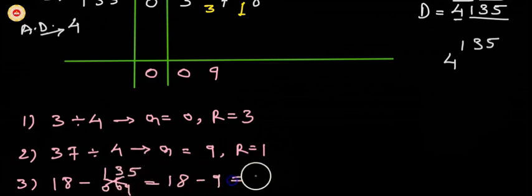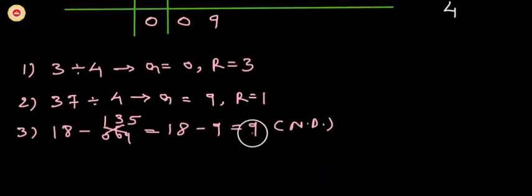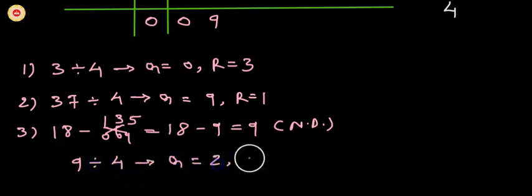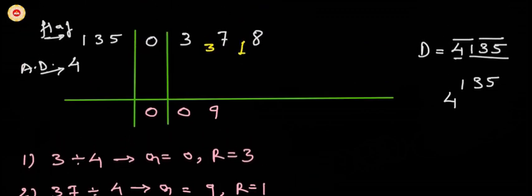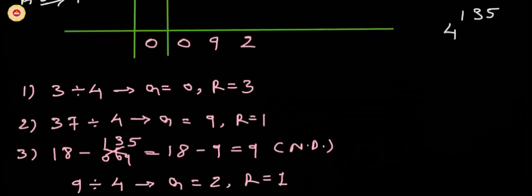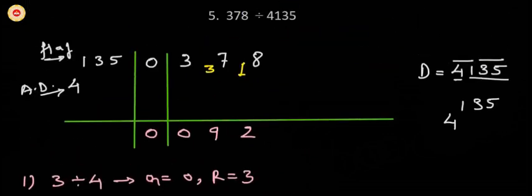Yes, 18 minus 9, 9. 9 is the net dividend. Let us divide the net dividend 9 by the actual divisor 4, which gives us quotient 2, 4 2s are 8, 9 minus 8 is 1. So the remainder is 1. So write quotient 2 below gross dividend 18 and write remainder 1 as a prefix.